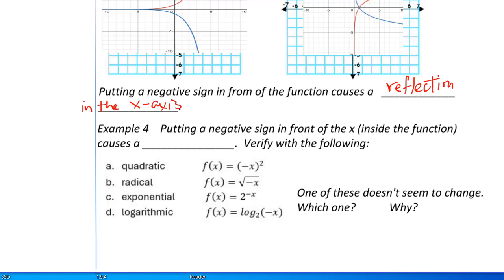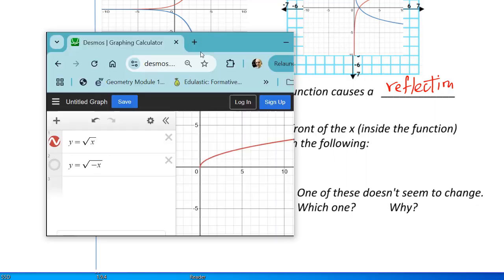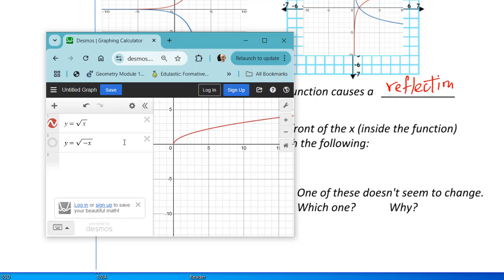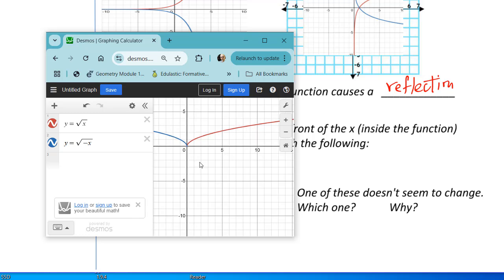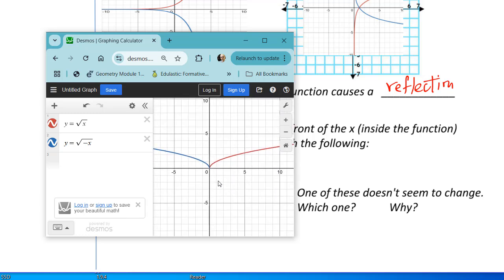There it is. Okay. So here is the square root, and inside the radical sign I put a negative x. Well, you know you can't take the square root of a negative number, so what's this going to do? It's going to error on me? Let's check it out. Turn it on. Oh yeah, look at that. Okay, it does exist. It flips it.